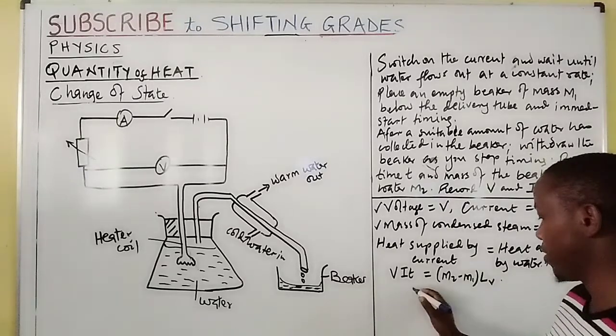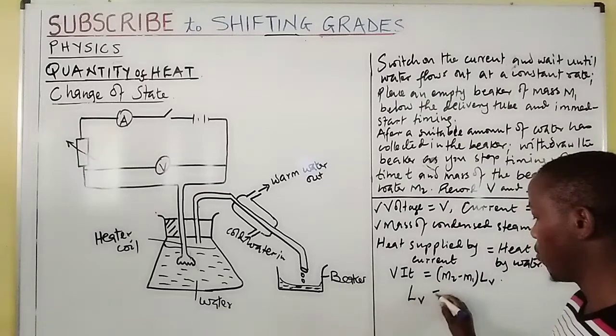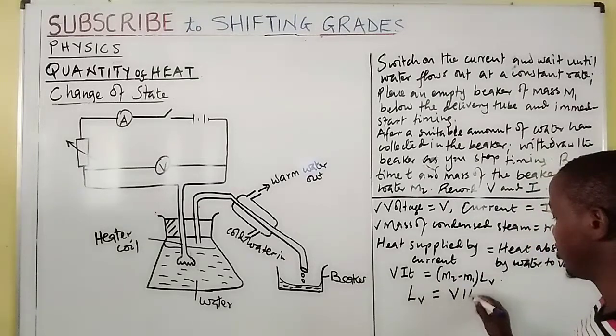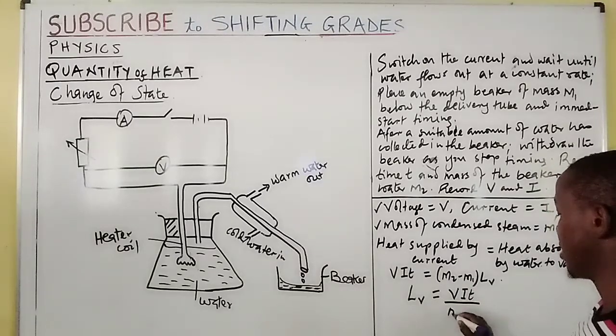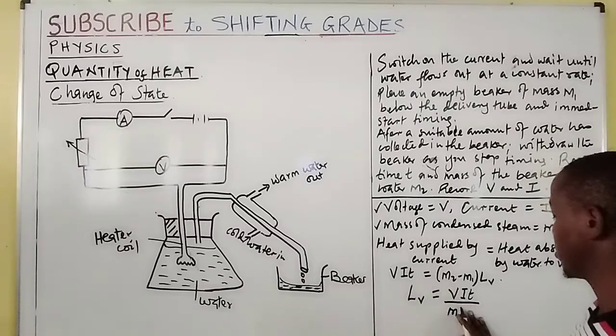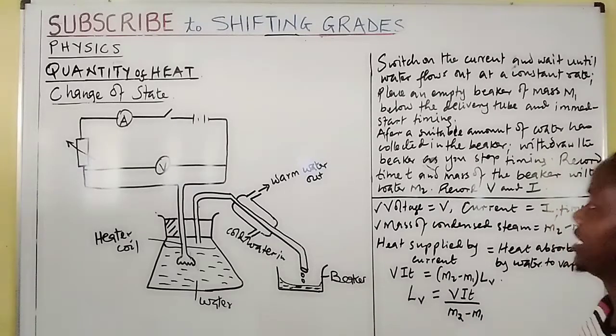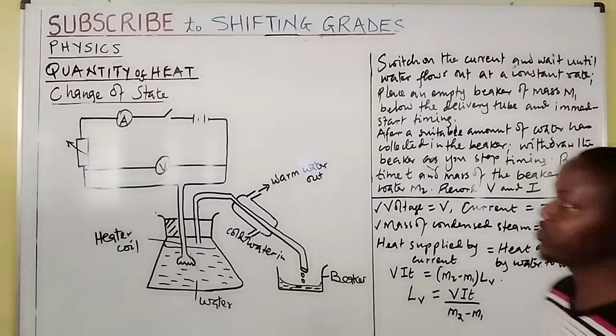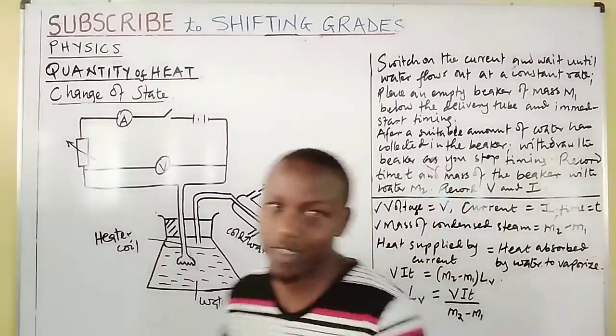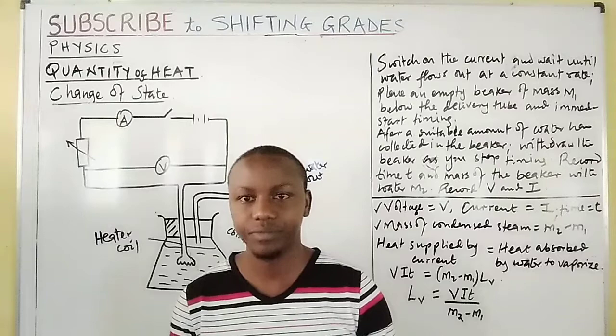Therefore, the latent heat of vaporization will be given by VIT divided by the mass. So that is the simple demonstration of how the latent heat of vaporization of a given liquid can be determined using the electrical method. With that, we can now have an example.